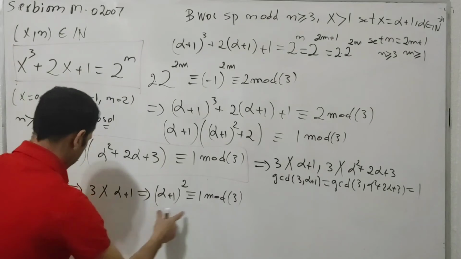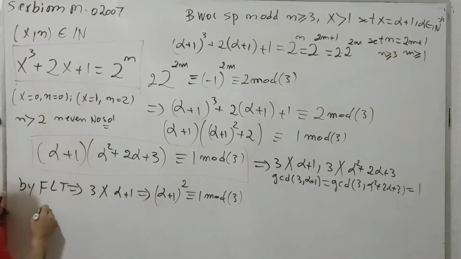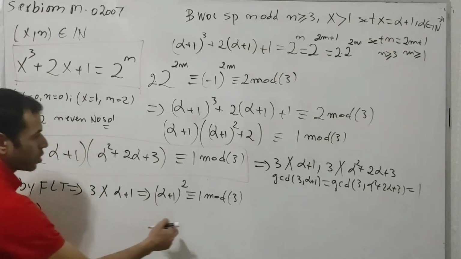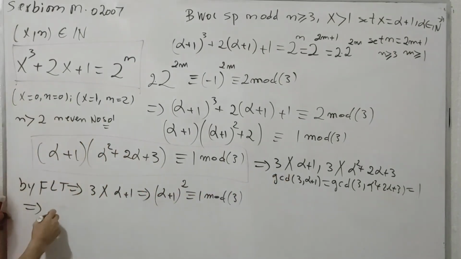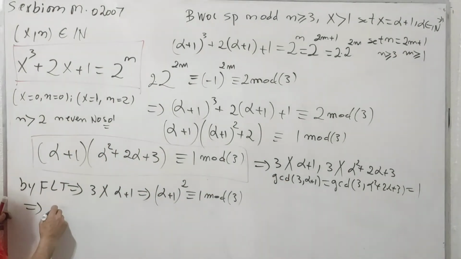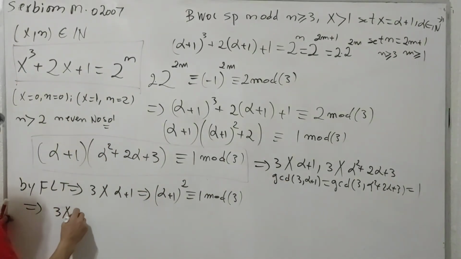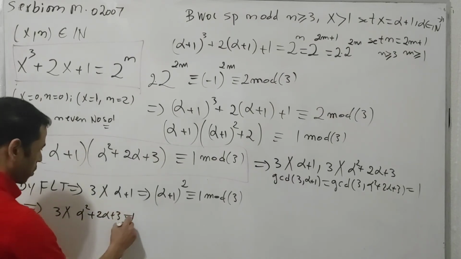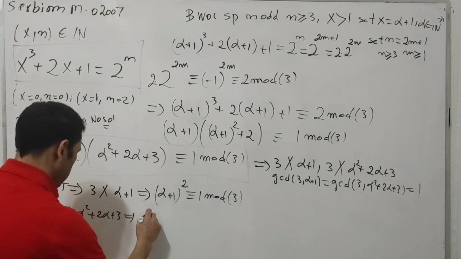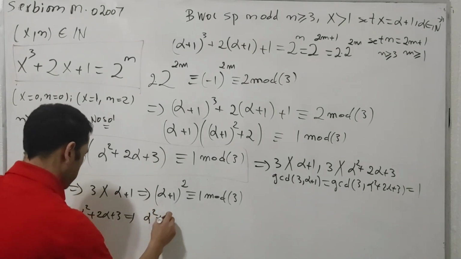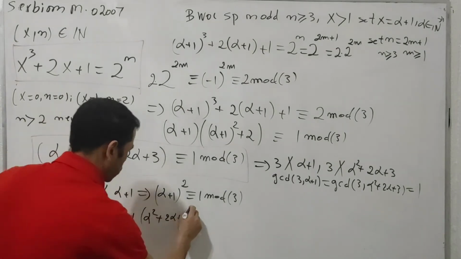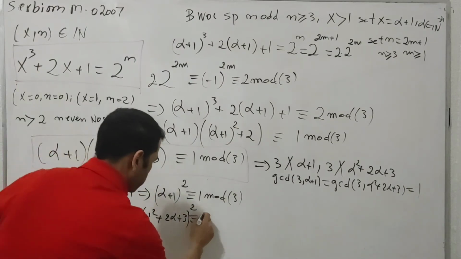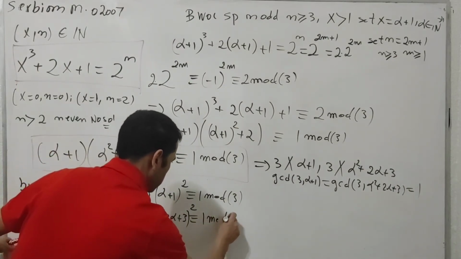This is for one side. The other side, I will have the same thing for the other term. I have 3 does not divide alpha squared plus 2 alpha plus 3 implies alpha squared plus 2 alpha plus 3, squared, is congruent to 1 mod 3.